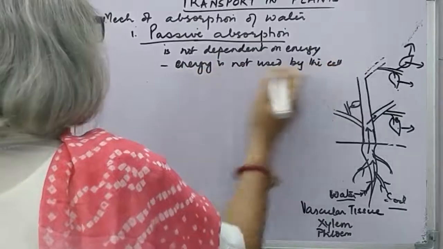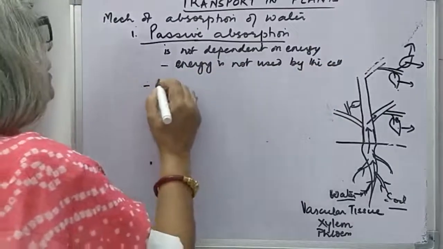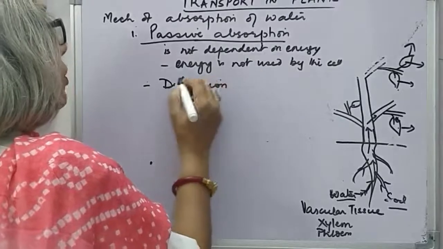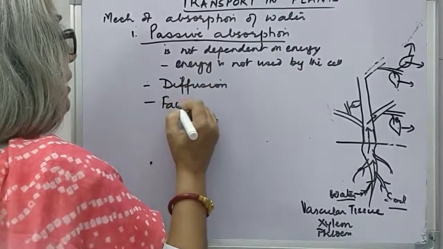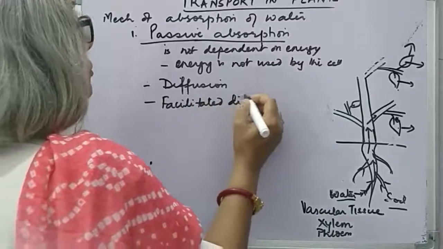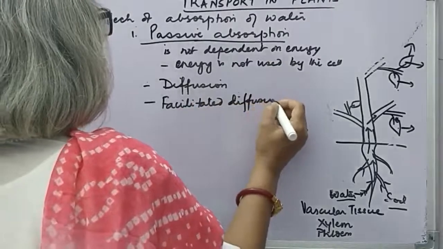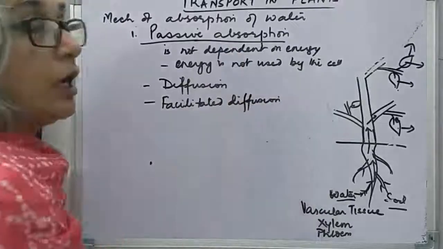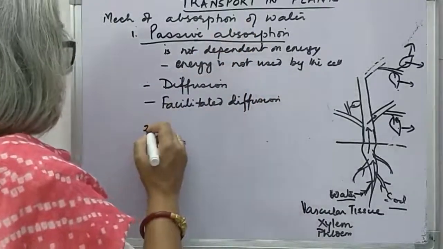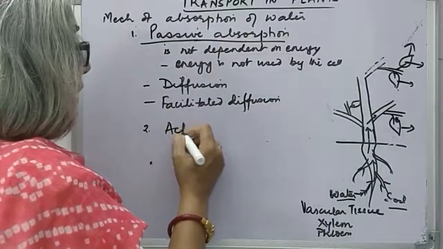And passive absorption is simple diffusion of water or facilitated diffusion of water. So diffusion and facilitated diffusion are two kinds of passive absorption which do not require energy.